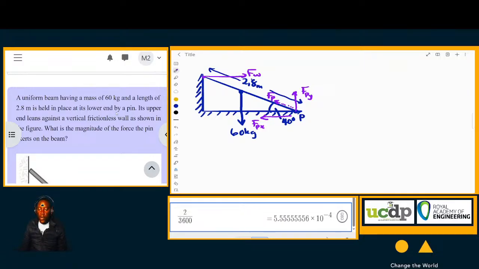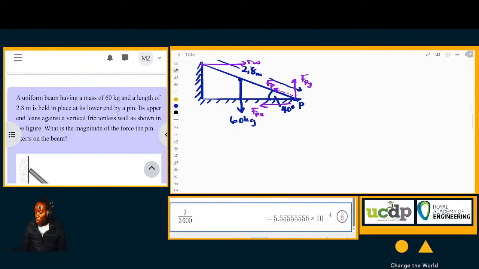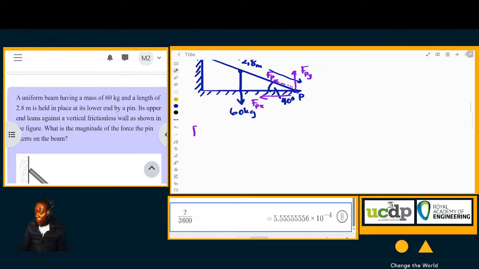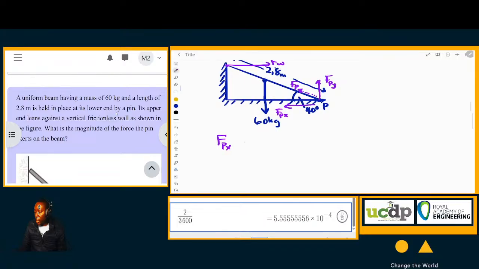What is the magnitude of the force the pin exerts on the beam? So we want to find Fp at the end of the day. By virtue of equilibrium, Fpx should be equal to Fw, and Fpy should be equal to the weight of the beam.